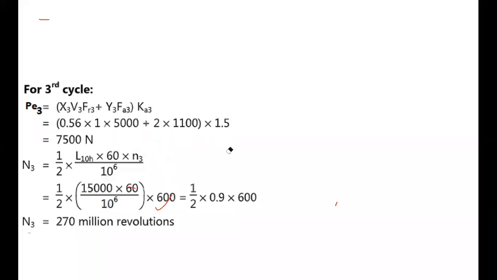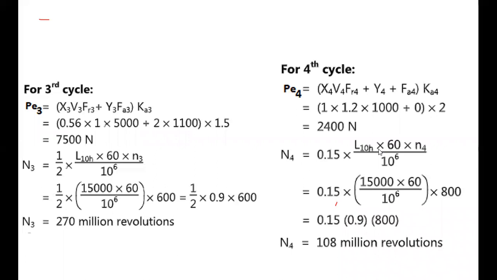Same way, from the table, we have calculated for cycle 4. So 1 into 1.2 into 1000 plus this load is 0, so everything will be 0 into 2. So this will be 2400. How did we come to this?